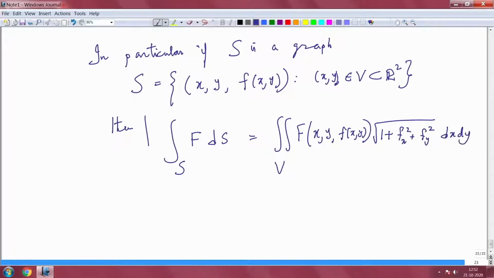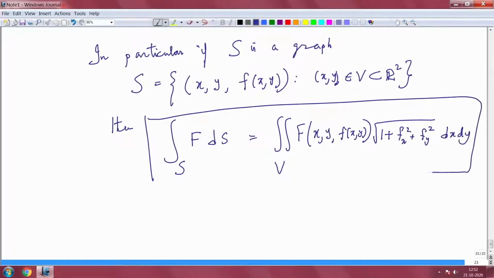This is a familiar formula to you. So, you have a very precise definition of surface measure and surface integration.